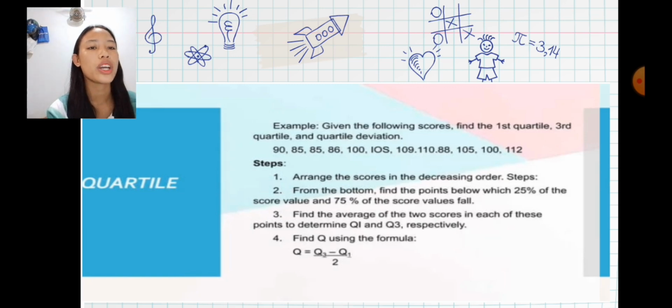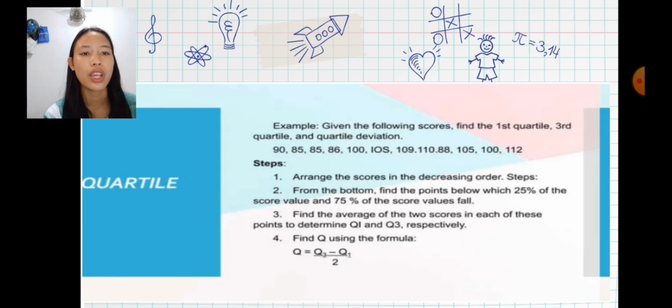Second, from the bottom, find the points below which 25% and 75% of the score values fall. Third, find the average of the two scores in each of these points to determine the first quartile, Q1, and the third quartile, Q3, respectively.